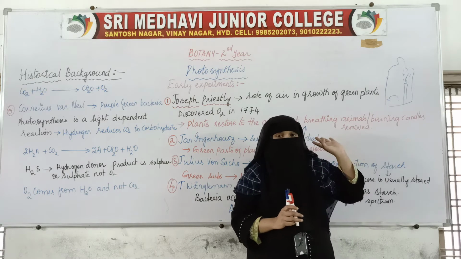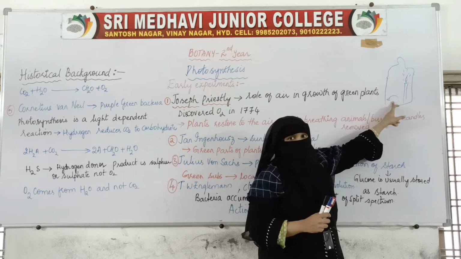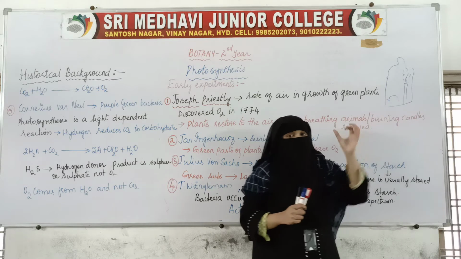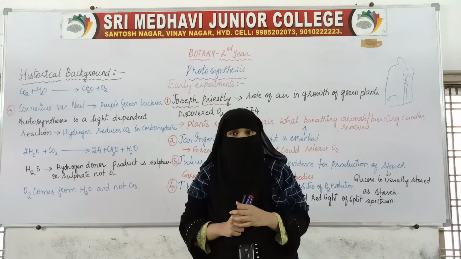By this he concluded that something was happening. When the bell jar was closed, air was still present inside it. So he deduced from this finding that the burning candle and the mouse had taken something out of the air inside the bell jar.